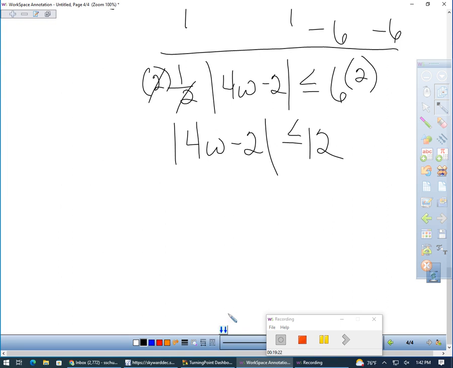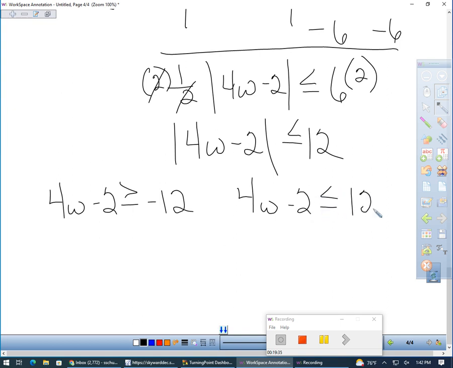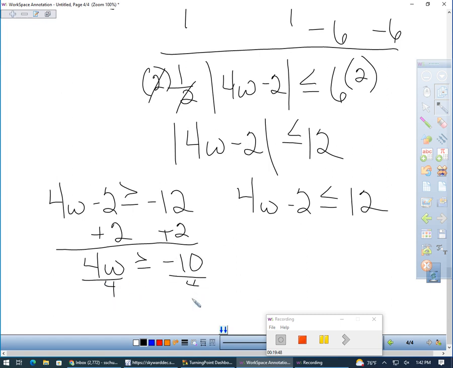All right. Now we can split it up. I have 4w minus 2 is greater than or equal to negative 12. And I have 4w minus 2 is less than or equal to positive 12. Adding 2 to both sides, I have 4w is greater than or equal to negative 10. Divide both sides by 4. And w is greater than or equal to negative 5/2.